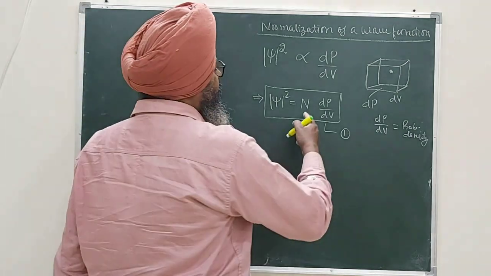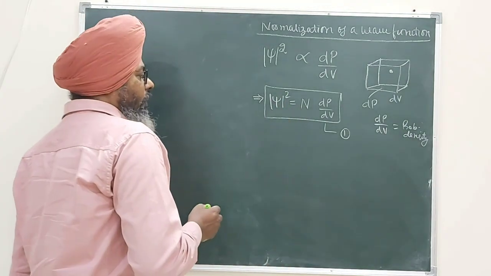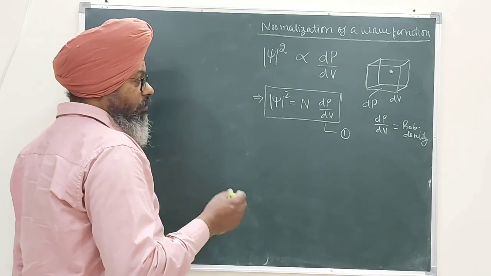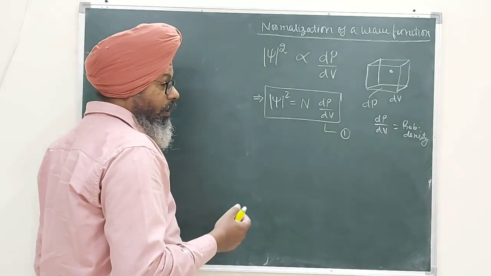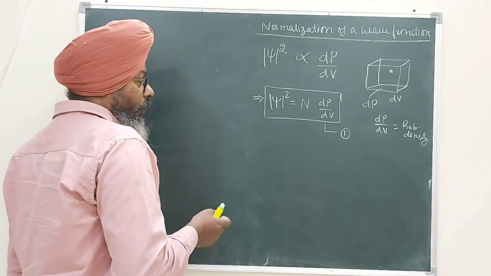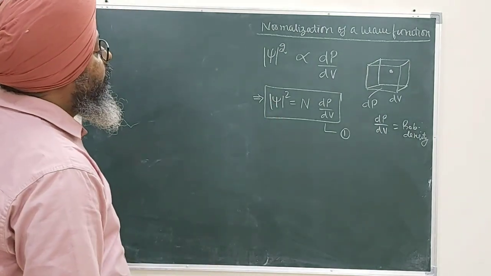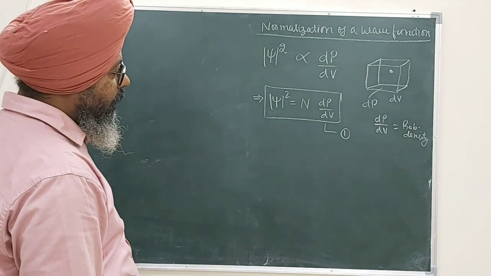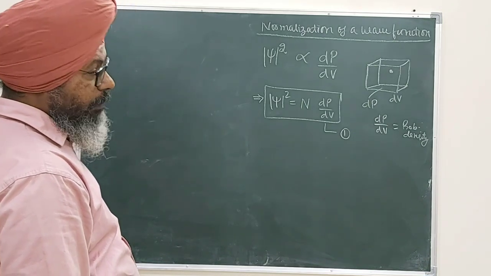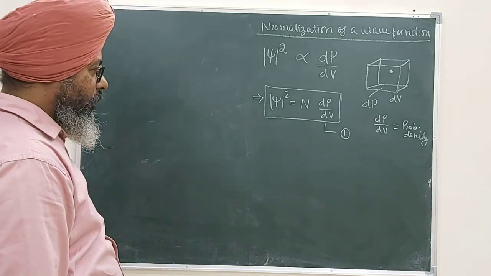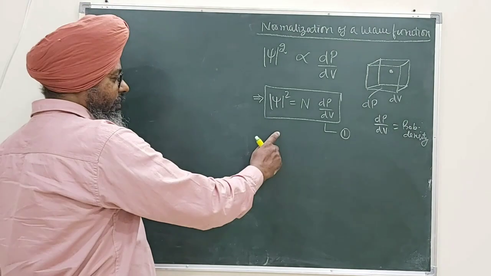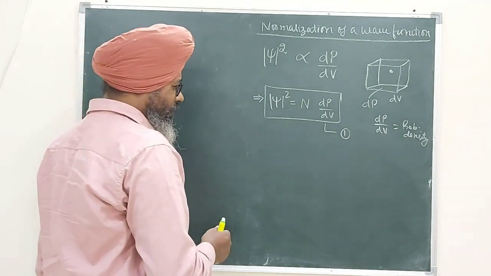Now, this normalization constant may or may not have a unit. Why? Because the left hand side of this equation will have different units depending upon the type of the problem. It may be 1 divided by square root of length in one dimensional motion.